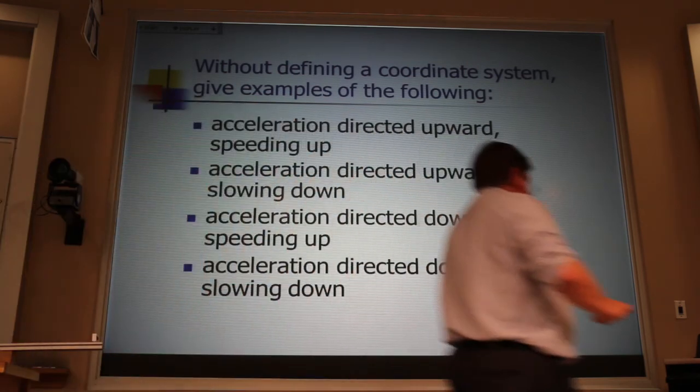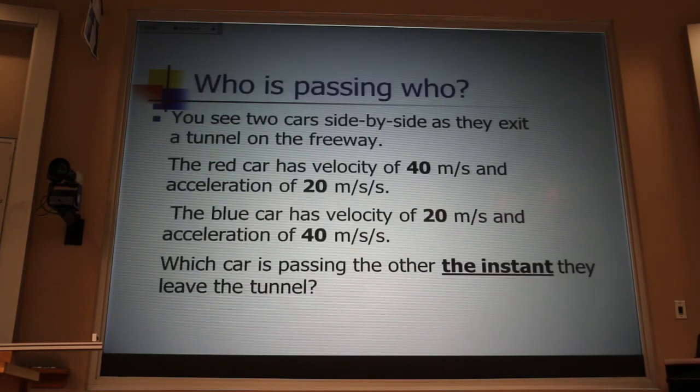Okay. Fun little exercise. You're standing next to a tunnel exit, and you see two cars that are side by side as they leave the tunnel. But one of those cars is in the act of passing the other.